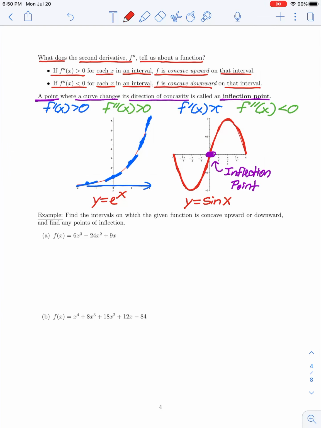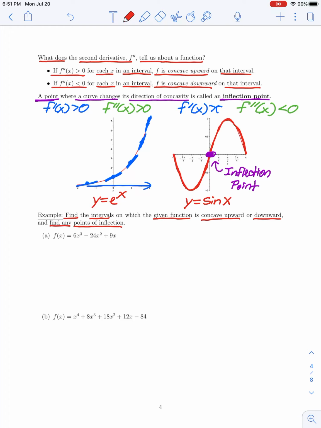So much like we saw in section 12.1, where we were asking for the intervals on which a function is increasing or decreasing and where it has local extrema, the sign of the second derivative will tell us the intervals on which a function is concave upward or downward, and tell us where the inflection points are. So in these next two problems, we're asked to find those intervals on which the given function is concave upward or downward, and then find any points of inflection.